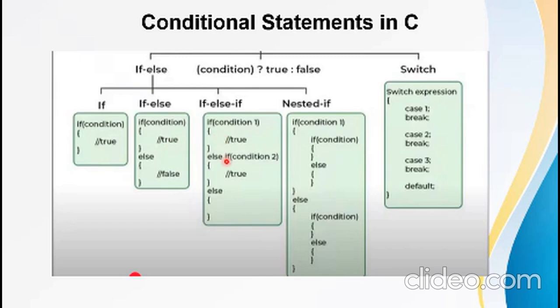In else-if, if the condition is true, it will print, or else it will move toward the else-if part. If that is false, then it will move toward the else part. Nested if means there is an if condition inside an if. What is switch? Switch is an expression where we can write multiple cases to print a statement. For example, here is case 1 with a break statement, case 2 with a break statement, case 3 with a break statement, and default.